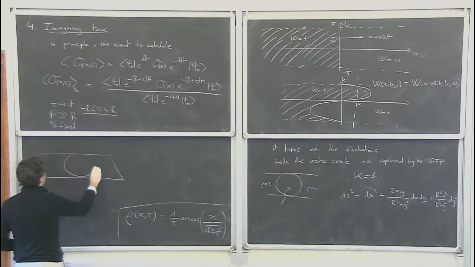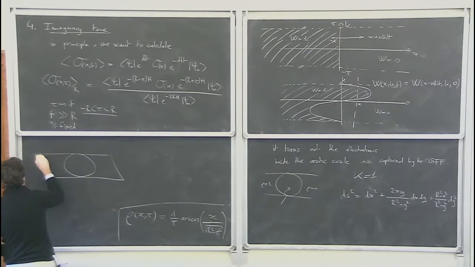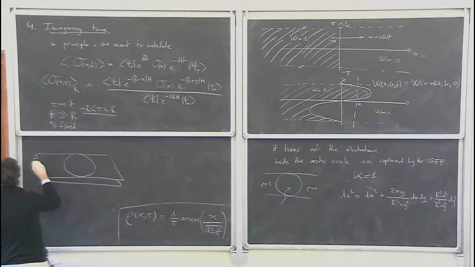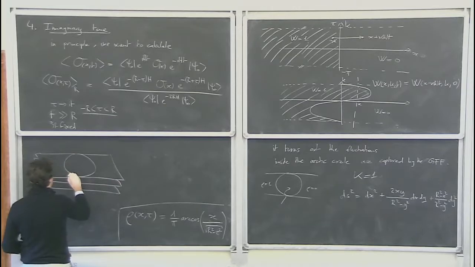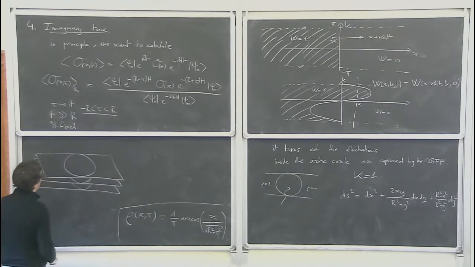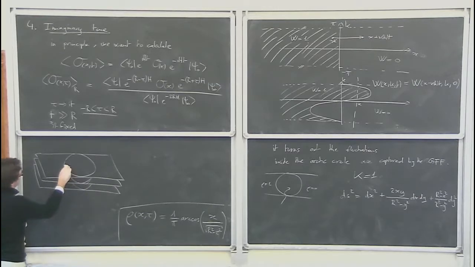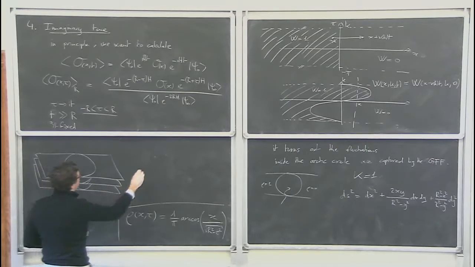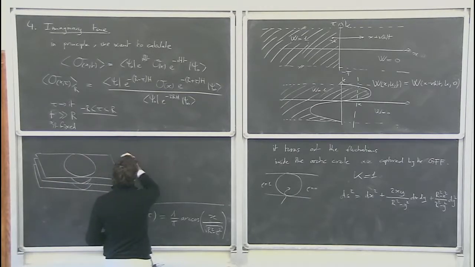We have this circle in the middle, so we have copies like this. Each of those has an Arctic circle, and then we just have to insert the swap operator. So the initial problem was to calculate the entanglement entropy.